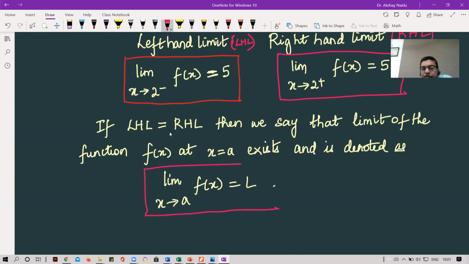So when left hand limit is equal to right hand limit, limit exists, just like the previous example that we took.